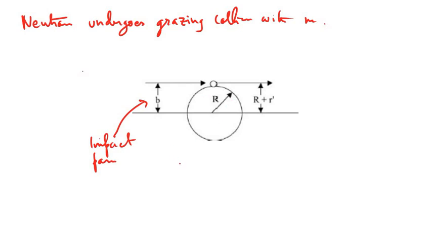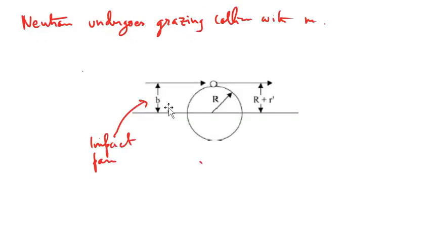So let me write down the cross section. The cross section I can write as approximately pi (r plus r prime) whole square, where I have considered the impact parameter b to be the sum of radii of projectile as well as target.